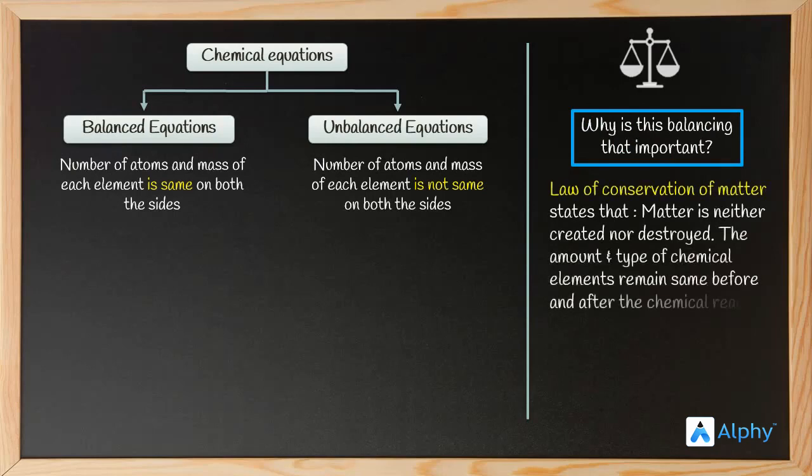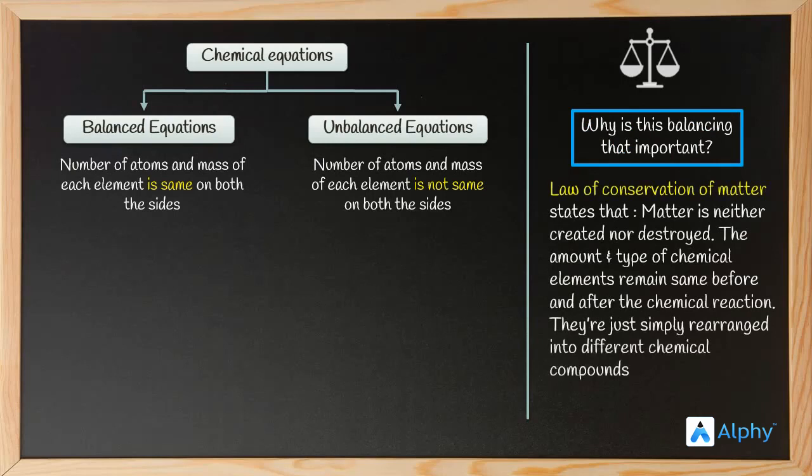The amount and type of chemical elements remain the same before and after the chemical reaction. They are simply rearranged into different chemical compounds. Okay, so this is the law of conservation of matter, and unbalanced equations are meant to be balanced to follow this law.